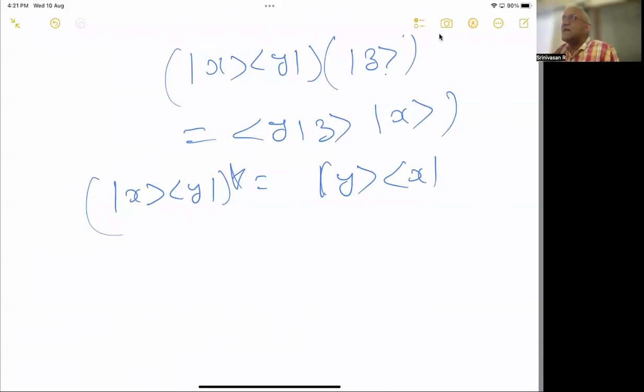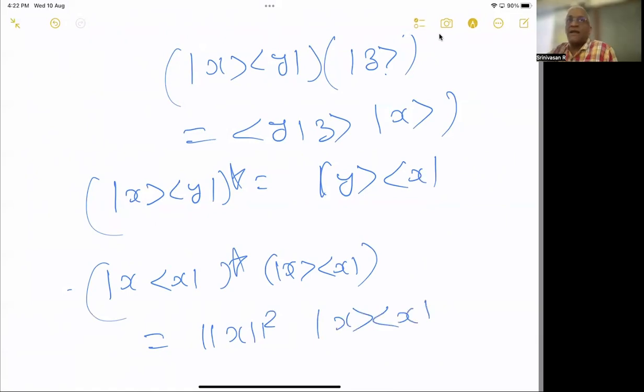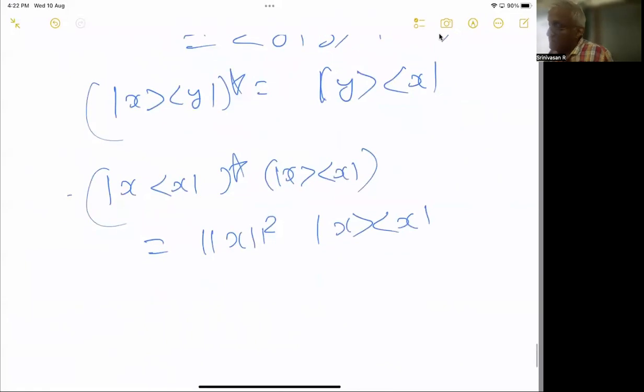So xx, the star is xx itself. Now A star A, that is xx star xx, is just going to be norm x square times xx. Please take it for granted. You can sit and work it out. It's very easy, leave it as an exercise.